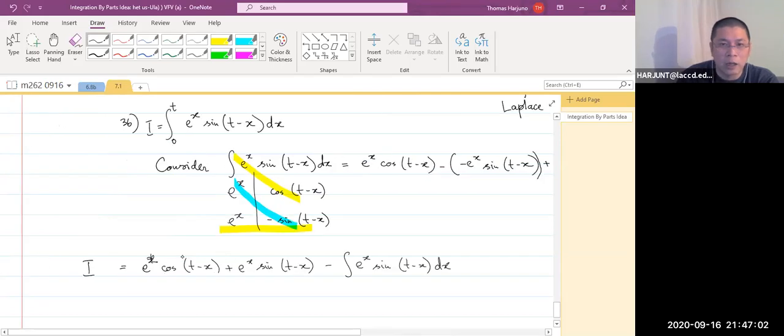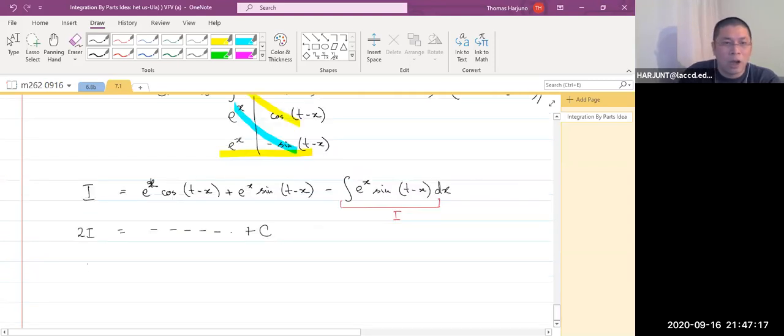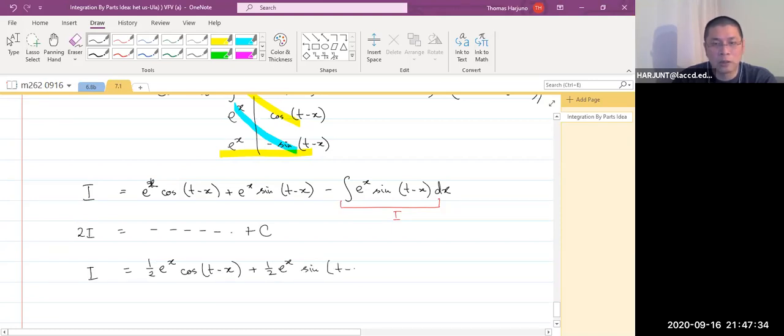But that last term is I. So I move it to the left-hand side, it becomes 2I equals that, plus a constant. So I equals 1/2 e to the x cosine (t minus x) plus 1/2 e to the x sine (t minus x), plus another constant.